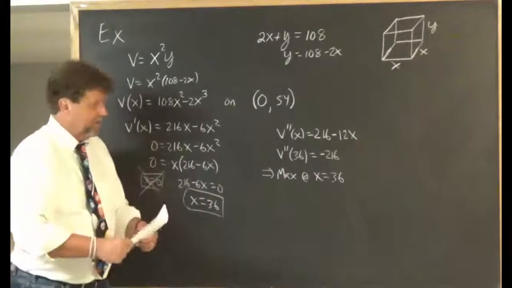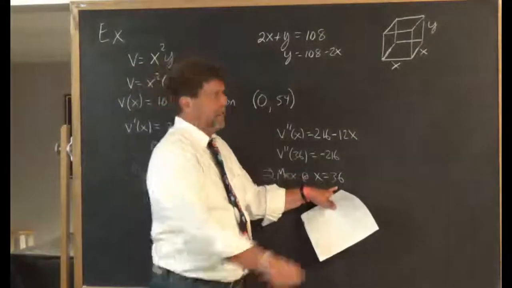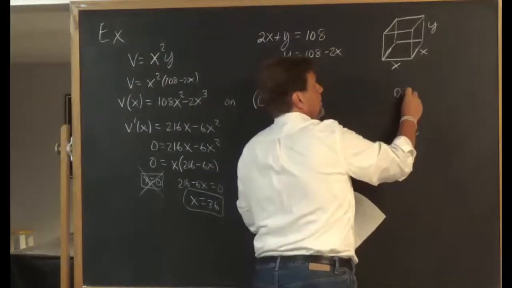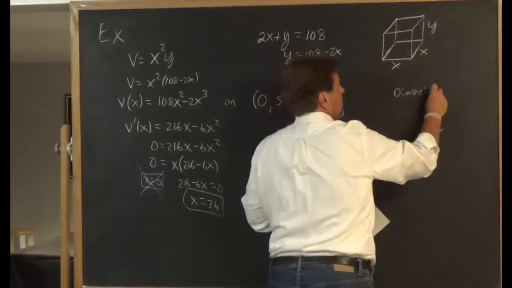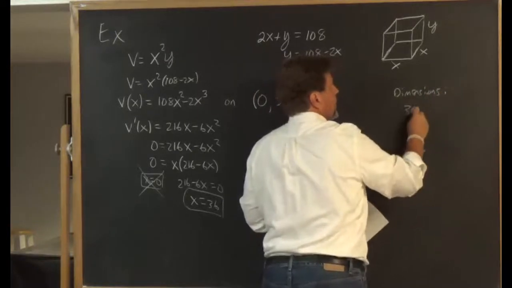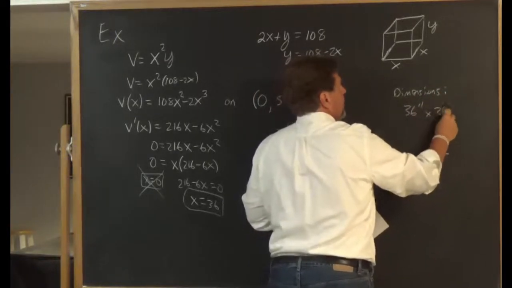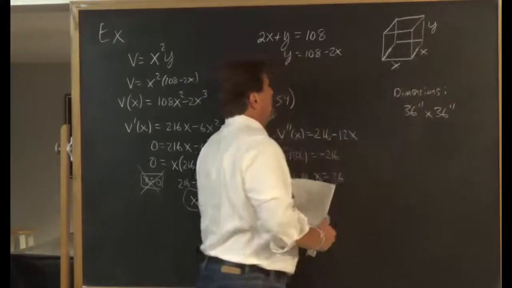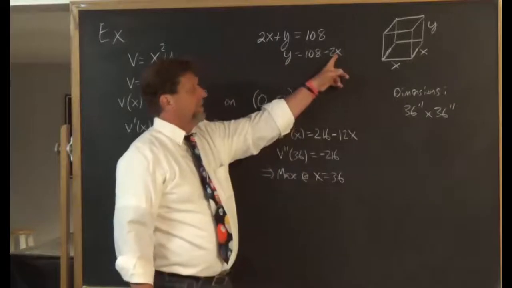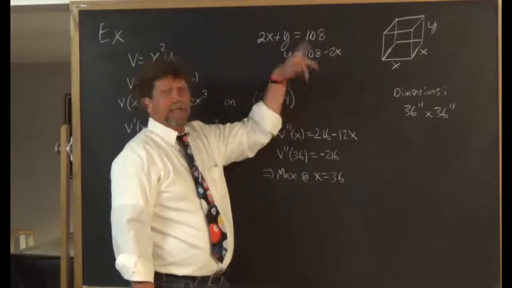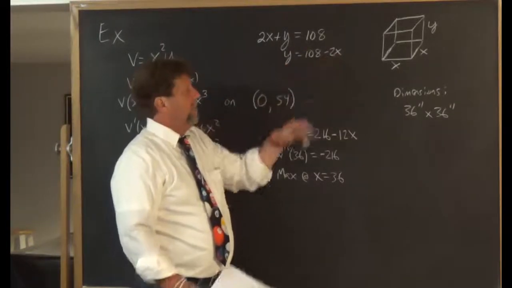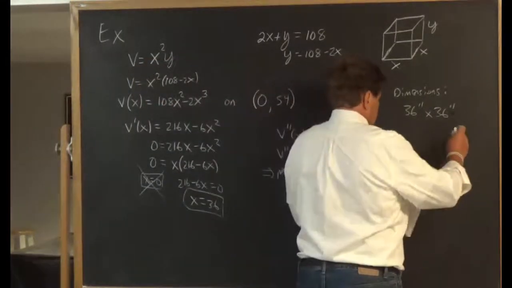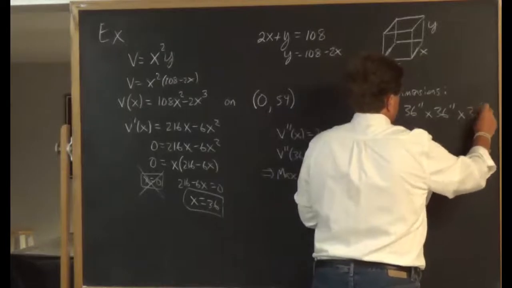Well, the dimensions. We know x is 36 inches, so this is 36 inches. So the dimensions: 36 inches by 36 inches. The height, well, I take 36 and toss it in here for x to tell me what y is. That's the height. So 108 minus 2 times 36, I think that gives me 36.